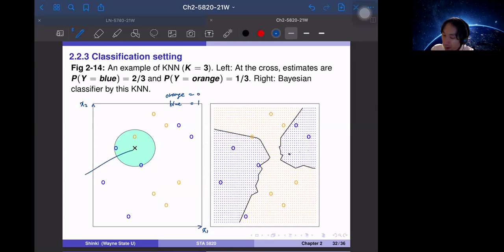This is the new observation, x naught, with coordinates x naught 1, x naught 2. If we observe a new observation, how do we make a decision based on KNN? We choose k is equal to 3, so we choose the 3 nearest observations. 2 are blue, 1 is orange. That means the probability of blue is 2/3 and the probability of orange is 1/3. So in the Bayes classifier, the y hat is equal to blue.